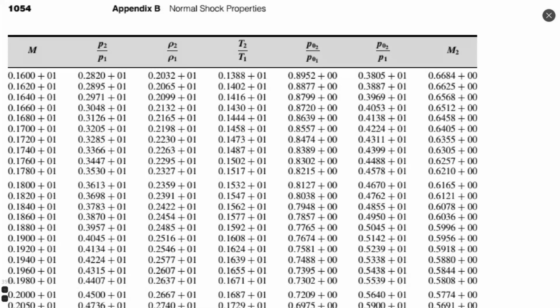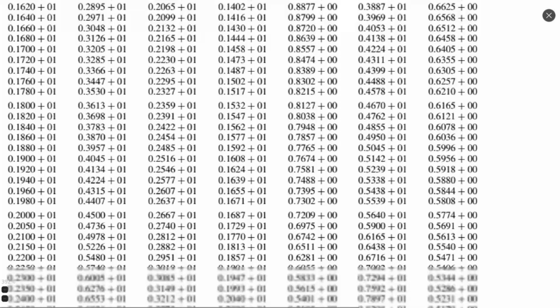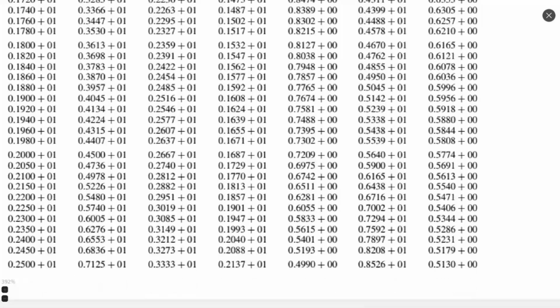I show another page that has data on approximately Mach from 1.6 to 2.5. Okay, different relations. We can see that already at Mach 2.5, we will have an increase of pressure of more than 7 times when it passes through the shock wave. We have an increase of density of more than 3 times, and an increase of temperature of more than 2 times.